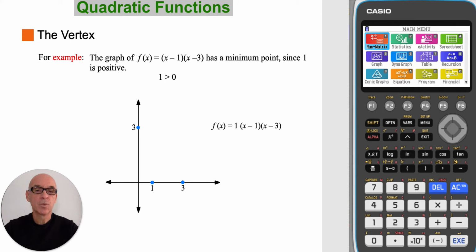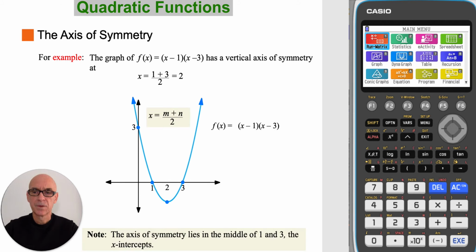The function will have a minimum point. This is because the value of a, which is equal to 1, is a positive value, i.e. 1 is greater than 0. To find the equation of the axis of symmetry, using the formula x equals (m + n) divided by 2, gives x is equal to 2.